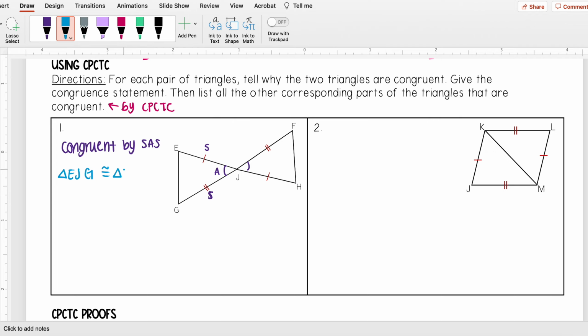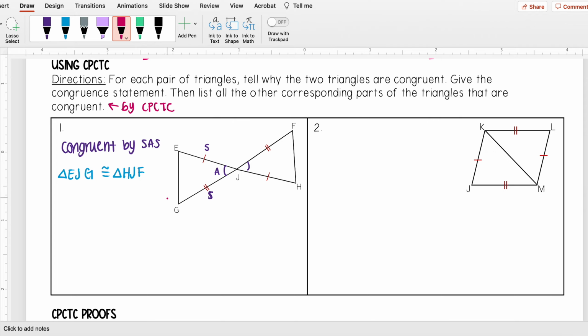So I know my first letter is H. J is just going to be J on this side too. That one actually has the same letter. And then I see that for G, G is between two tick marks and no tick marks, and I see that F is between the same. And so there is my congruency statement.